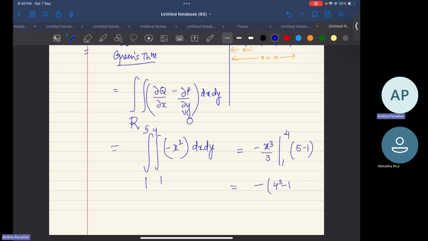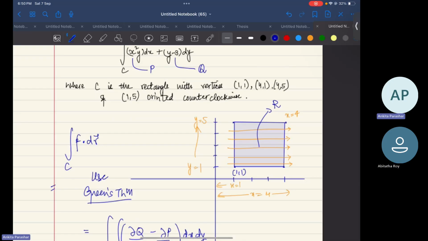Minus (4 cubed minus 1) by 3 times 4. Minus 64 plus 1 is minus 63, by 3 is 21, times 4, which is minus 84.